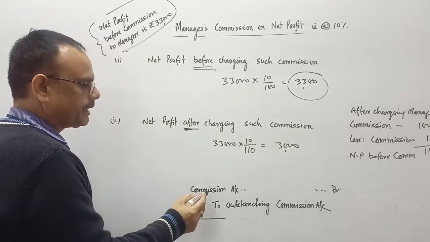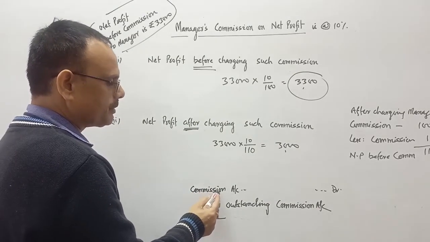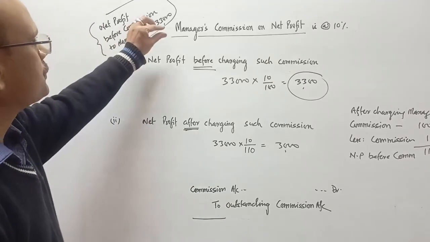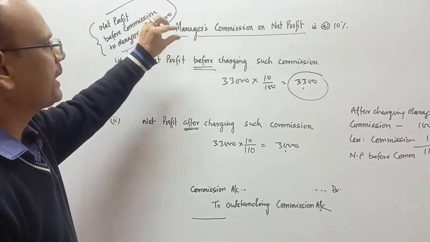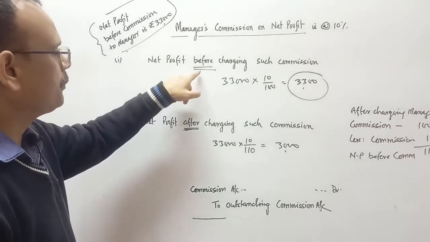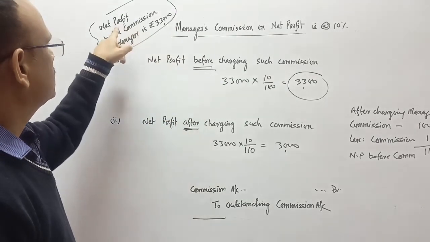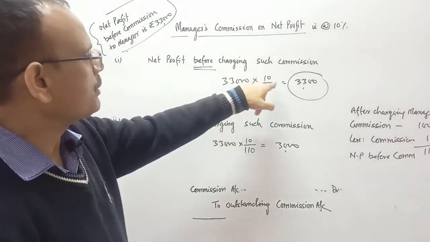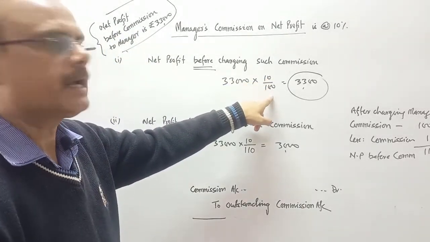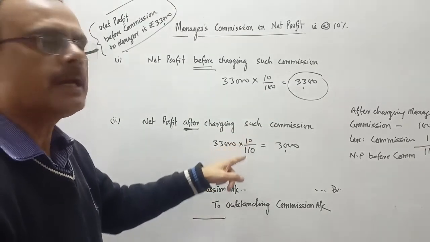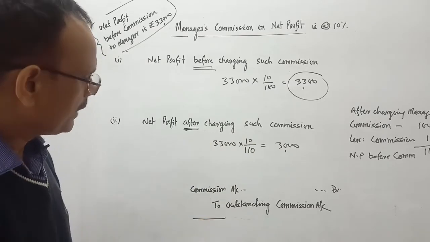So the journal entry, the adjustment entry, will be commission account debit to outstanding commission. At that time you must see whether the manager's commission on net profit is given before or after. If it is before, then see how much the net profit before commission is, and directly calculate the percentage, 10 upon 100. And if it is after, then 10 upon 110. Okay.